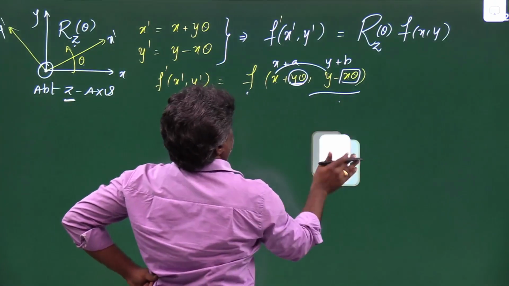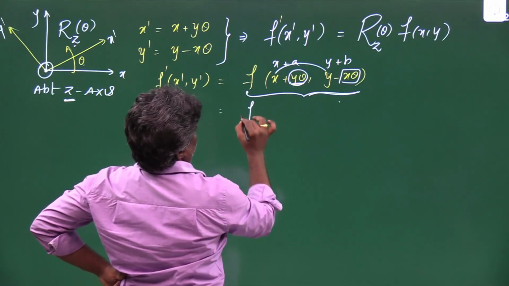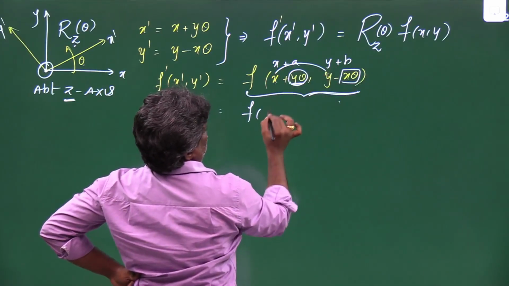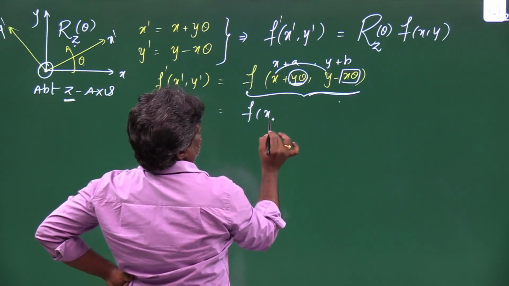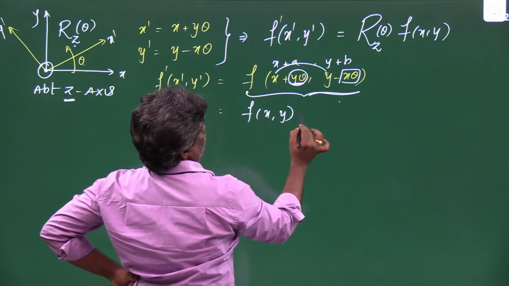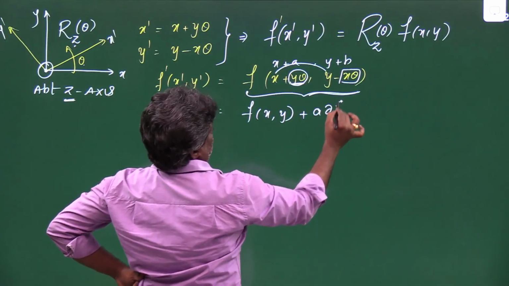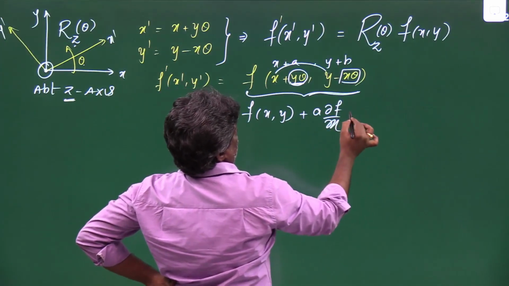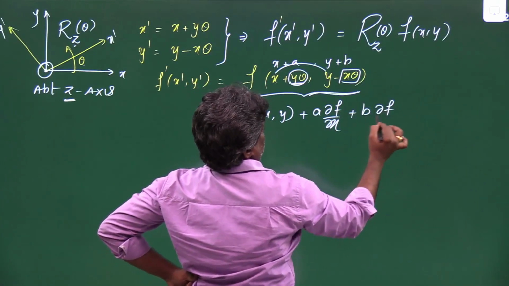Okay, you do one thing. One minute. Please tell me in terms of a and b. f of x plus a, y plus b equals f of x, y plus a del f by del x plus b del f by del y.